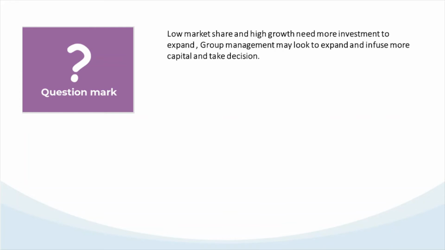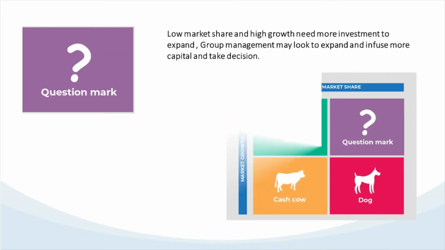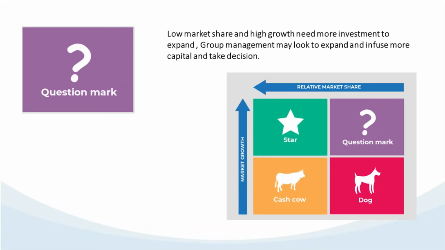If you see this one, at the bottom you have market growth, which is going up, and relative market share from right to left. So the question mark falls where the market share is low and growth in the market is high, which says that it needs more investment to expand.